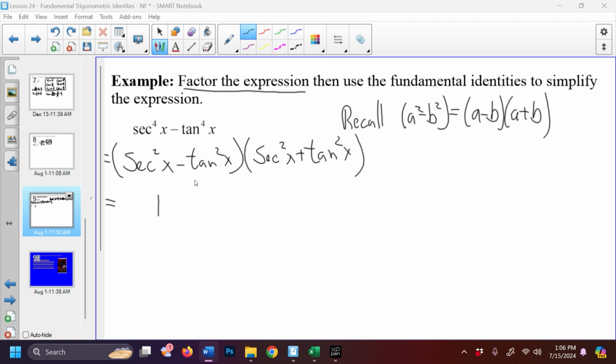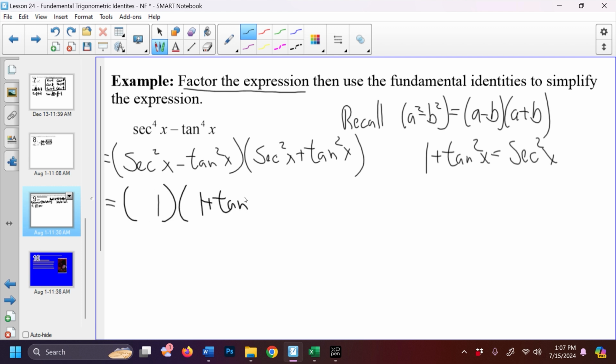Then I can use that again, and if you remember, 1 plus tangent squared x is equal to secant squared x. So I can replace this secant squared x with 1 plus tangent squared x. So I have this 1, and then I have 1 plus tangent squared x plus tangent squared x.